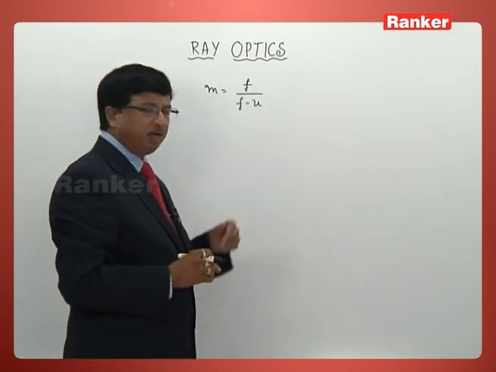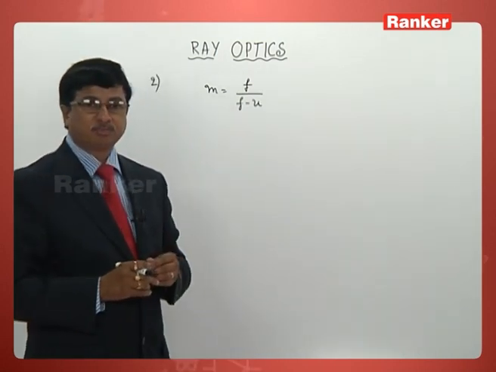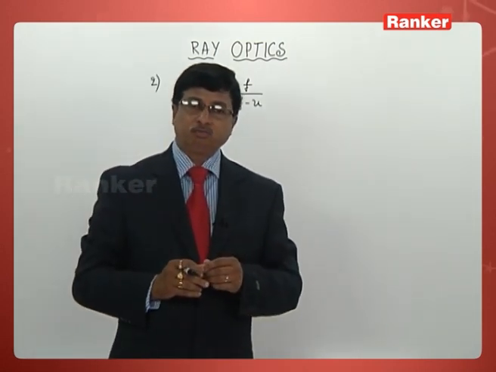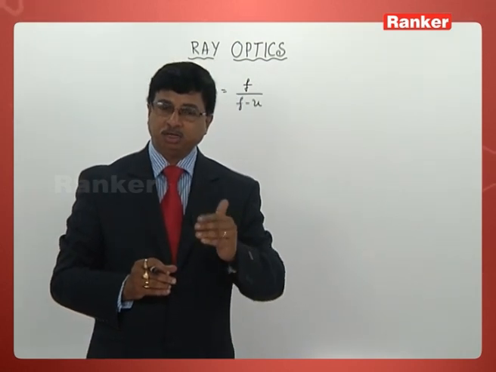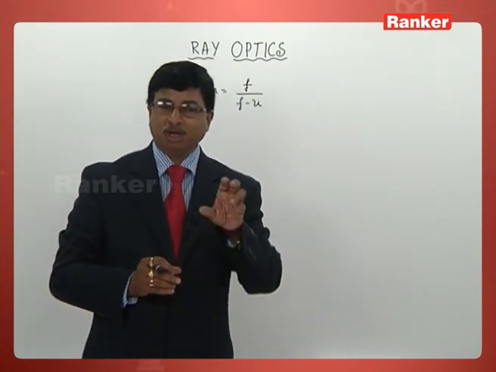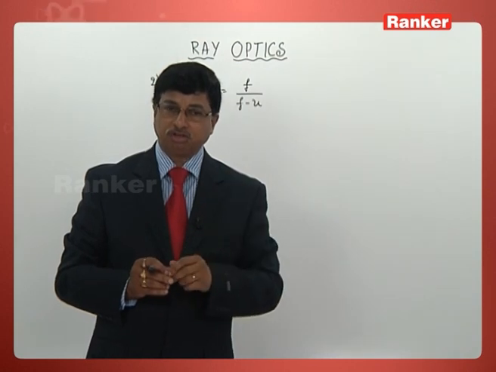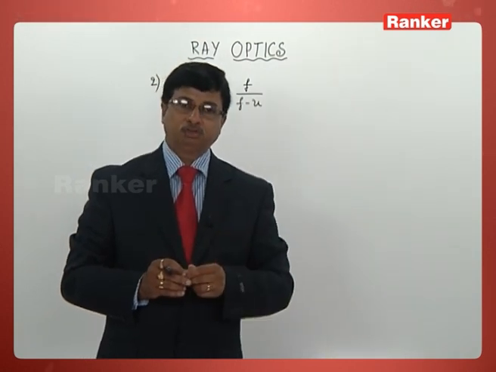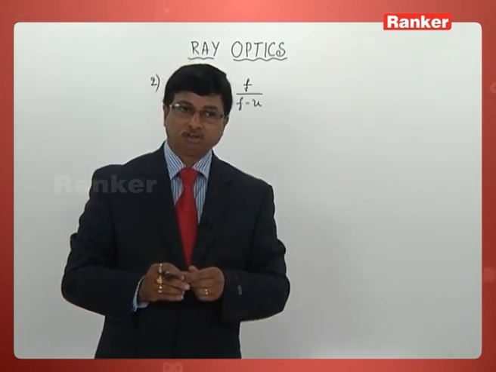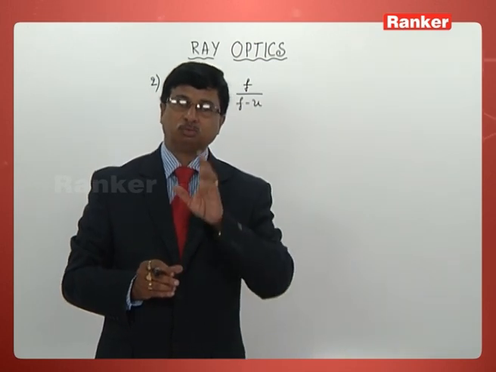What for you can definitely understand in this case? 1 by u plus 1 by v is 1 by f, fine. But magnification in this case is mentioned as 2. So magnification is 2 means v by u is equal to 2.